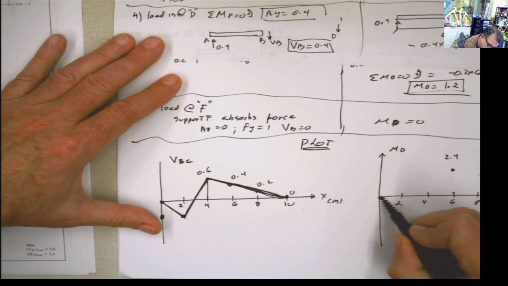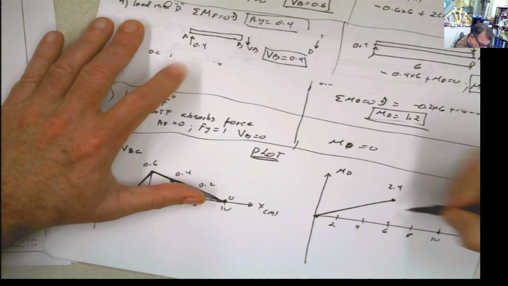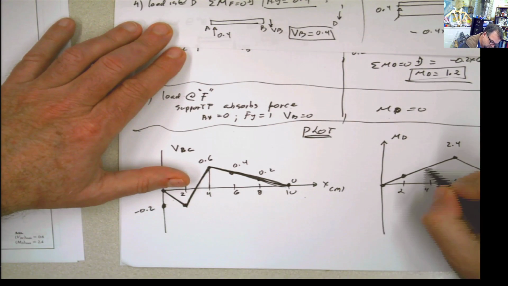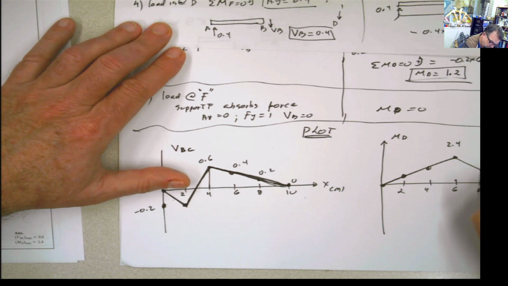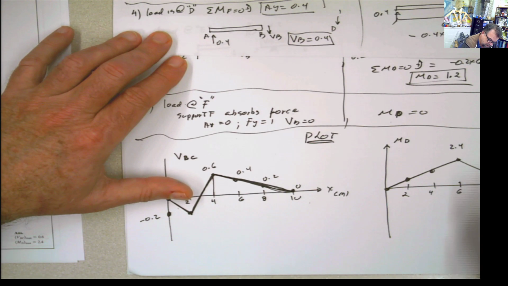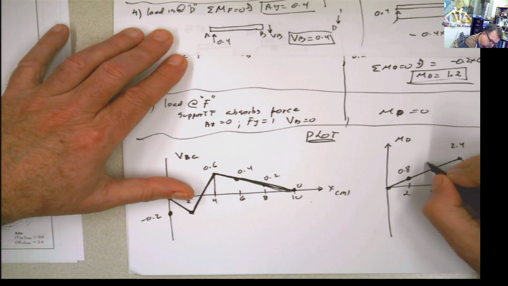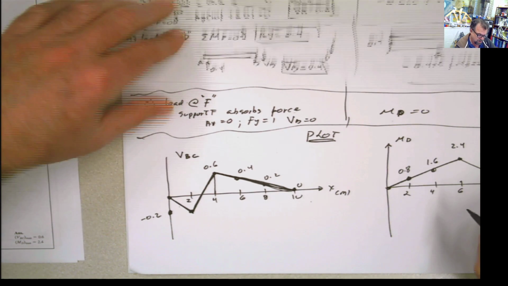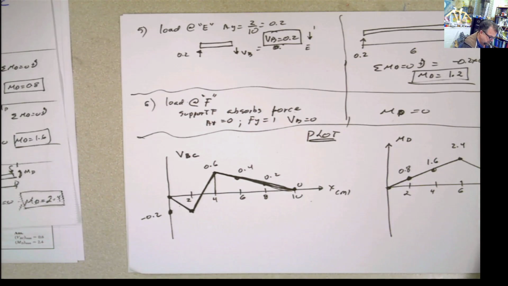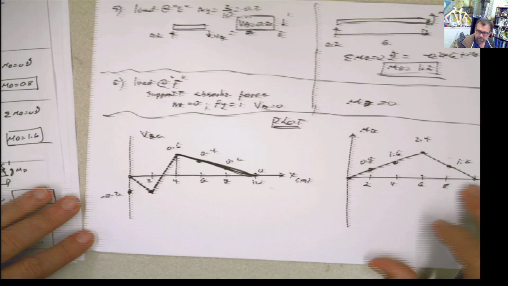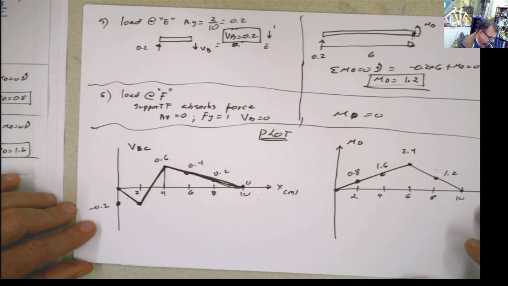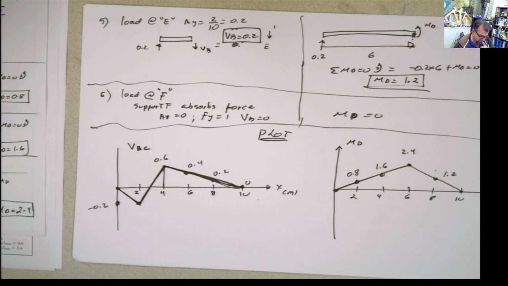So this is easier because it's something like this and something like that, and now I can plot the values as if it were to scale. So this is 1.2, 0, and this is 0.8, and this is 1.6. There you go. This is your first example of calculation of influence lines for floor beams.